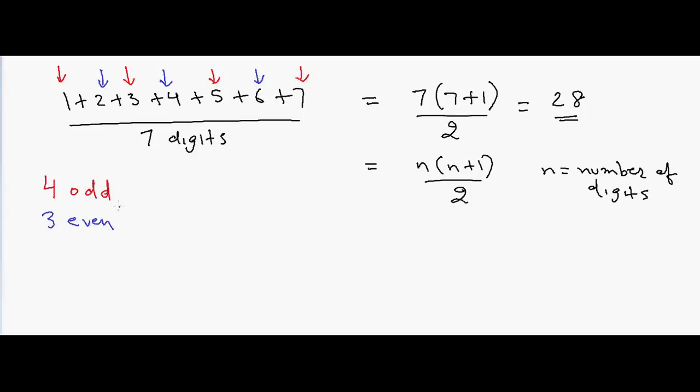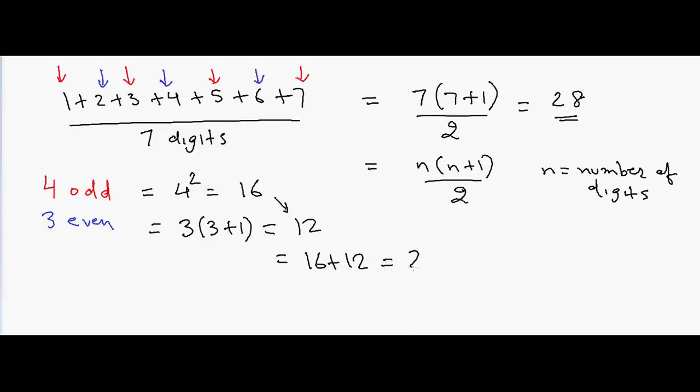So how can we use that approach? For odd numbers we just take a square, so 4 square is equal to 16, and for even numbers we say 3 into 3 plus 1, so that is 12. If we add this together, 16 plus 12 is equal to 28, and that's our answer. So this is how we add the numbers in series.